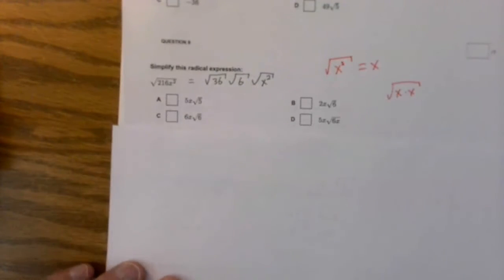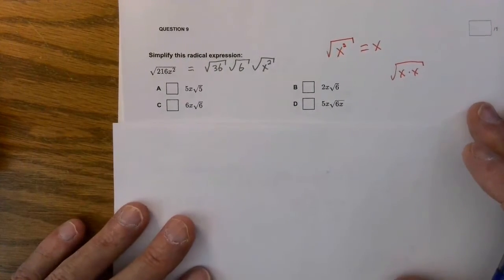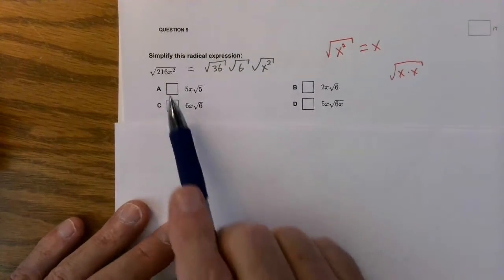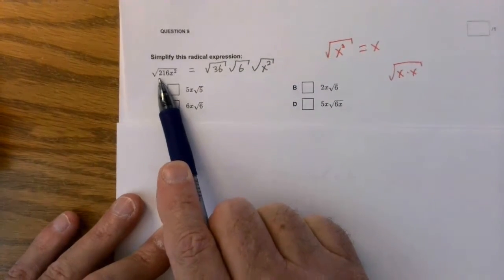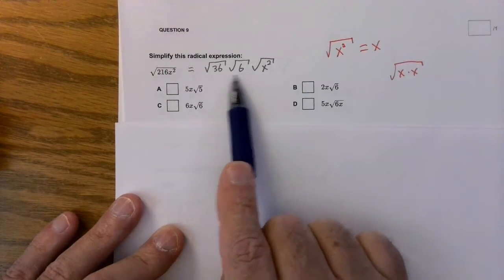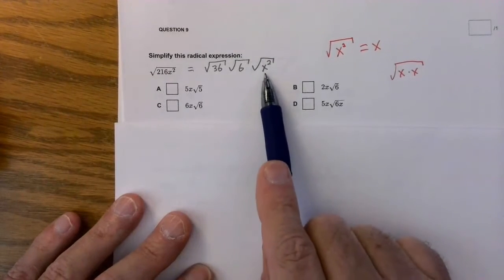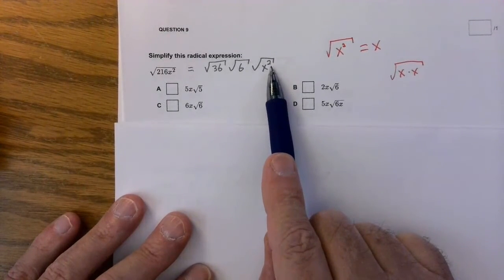All right, number 9. Now we have some variables. Just separate them. 216 has a perfect square as a factor, 36. 36 times 6 is 216. And guys, x squared, that's a perfect square.